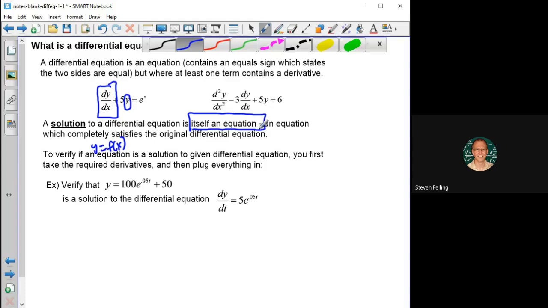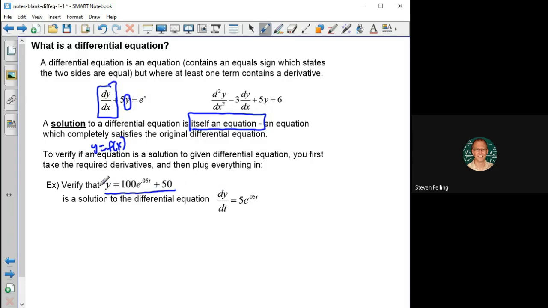Okay, so one thing we might be asked is to verify that a particular function or equation is a solution to a given differential equation. So if we're given this differential equation, dy/dt equals 5e to the 0.05t, we want to verify that this equation is a solution. The first thing I'm going to have to do is take the derivative, because the only place I see the y is in this derivative.